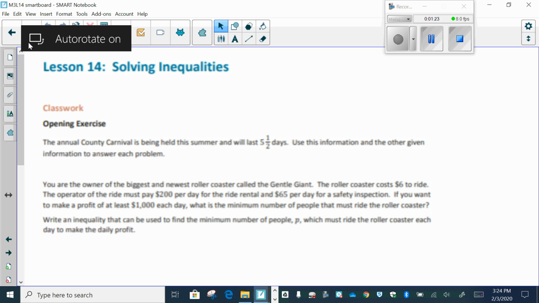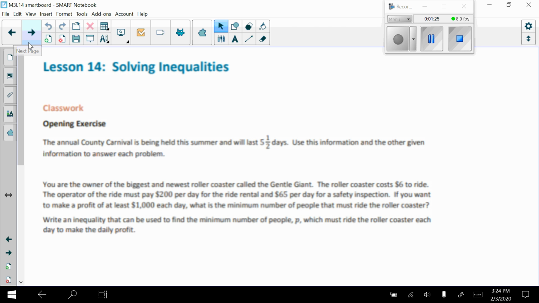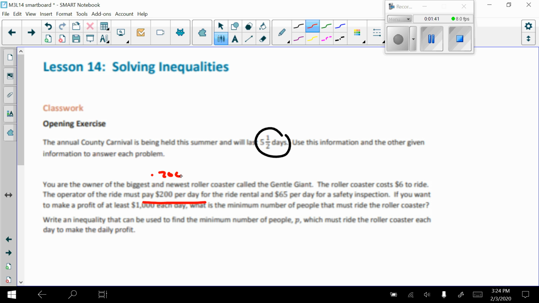So here we go. Let's do some annotating first. 5.5 days. I don't know if I need that information in this problem. Must pay $200, so minus 200, and $65 per day.